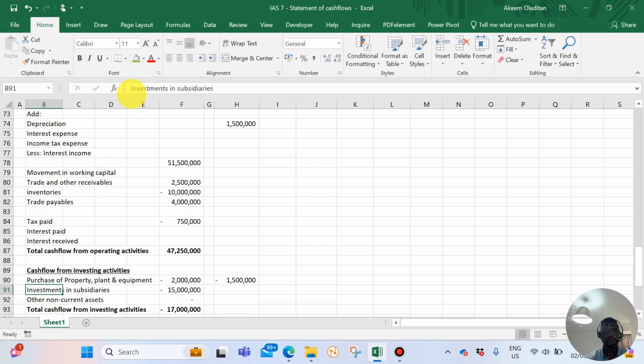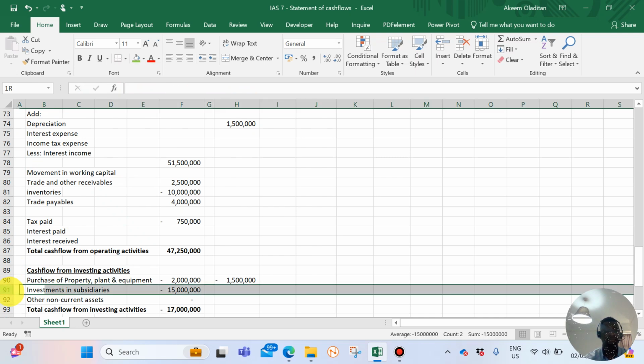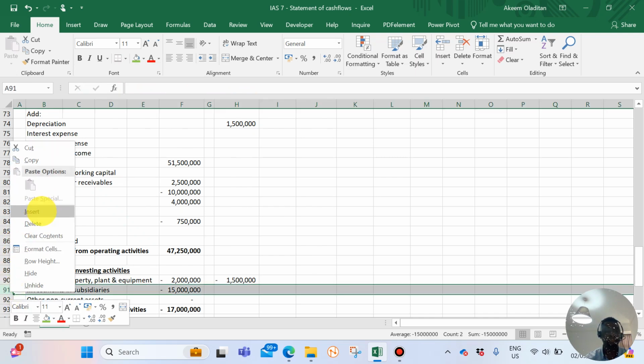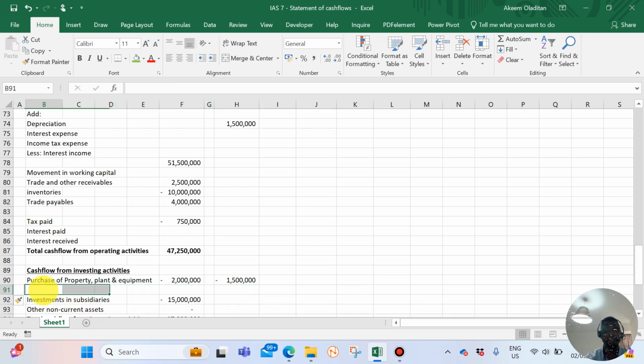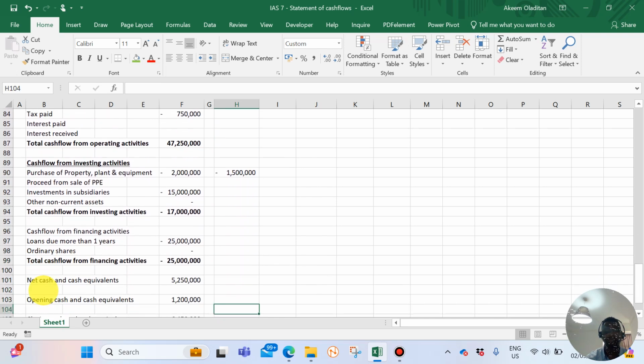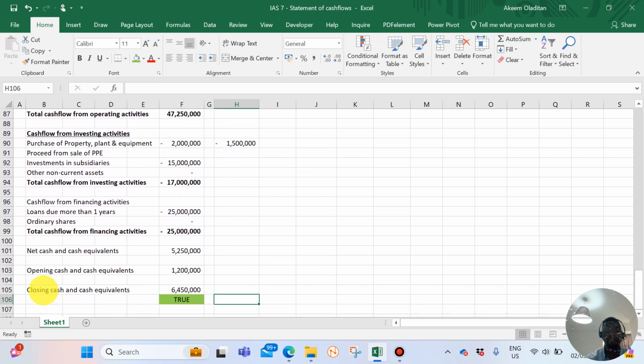There could be disposal, that is proceeds from sale of PPE. So that should be another line. So that is the first journal I passed, and my approach is to always make sure that it's equal to 0.